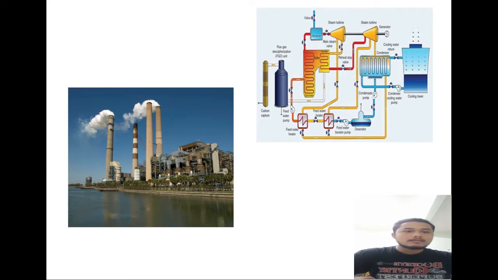Currently, approximately 80% of electricity in the world is produced from fossil fuel via thermal power plants, whereas 20% of the electricity is supplied from different sources such as hydraulic, nuclear, wind, solar, geothermal, and biogas.